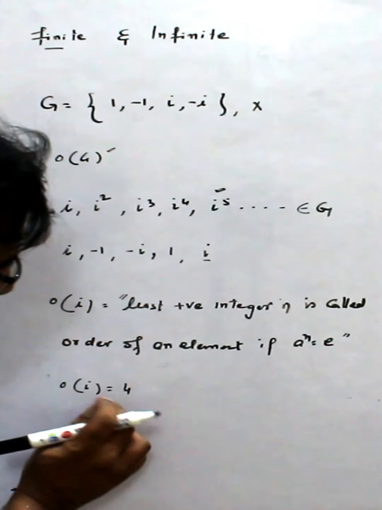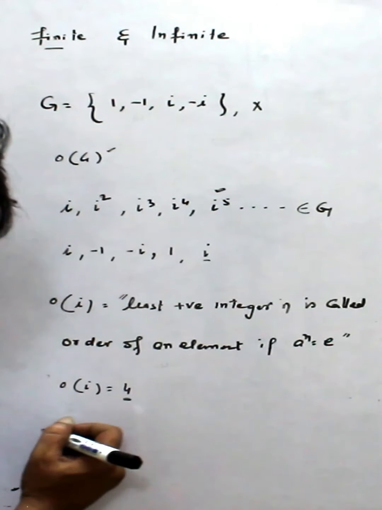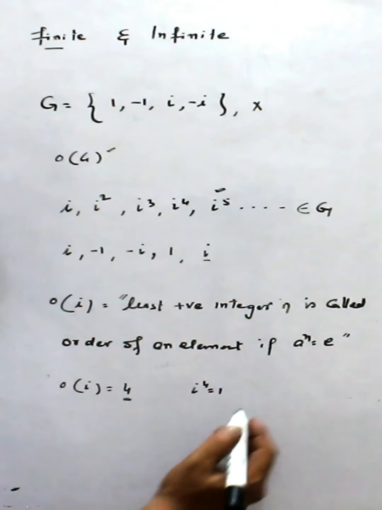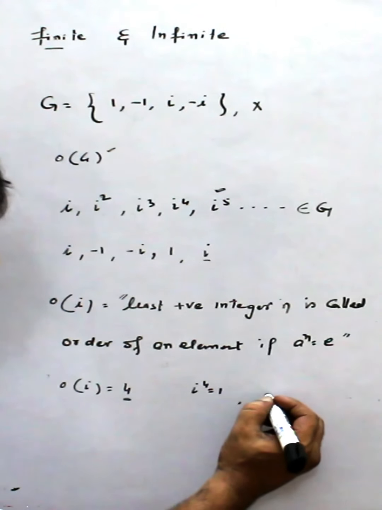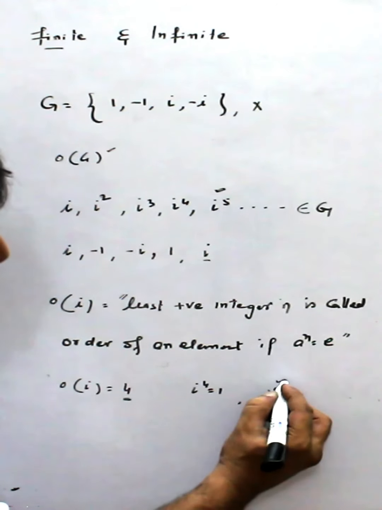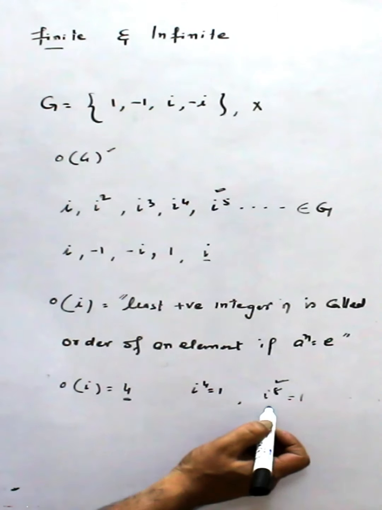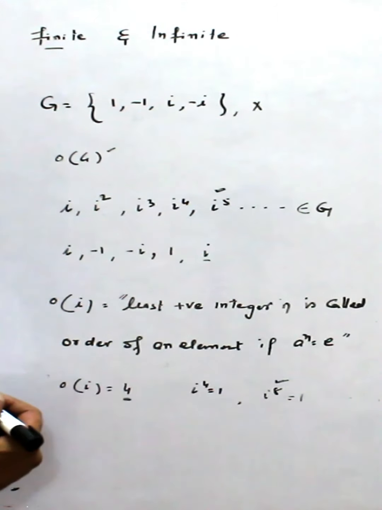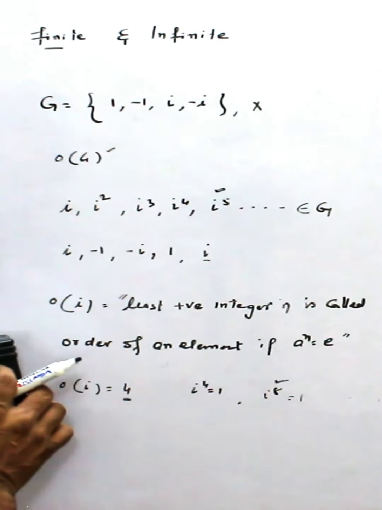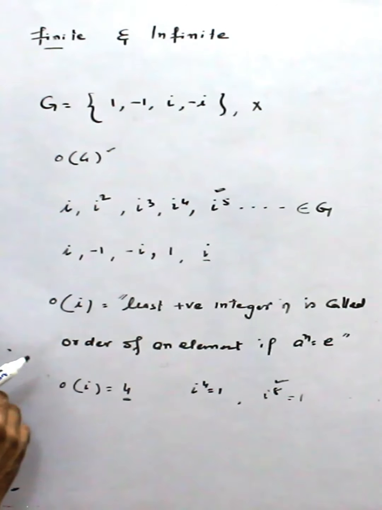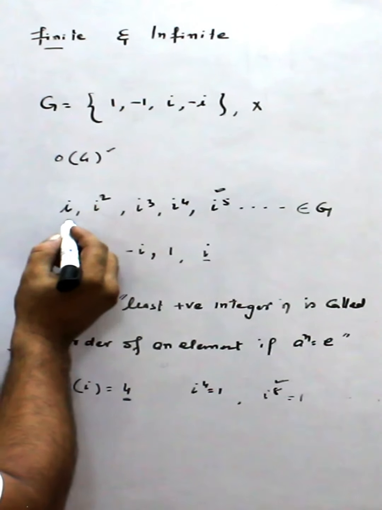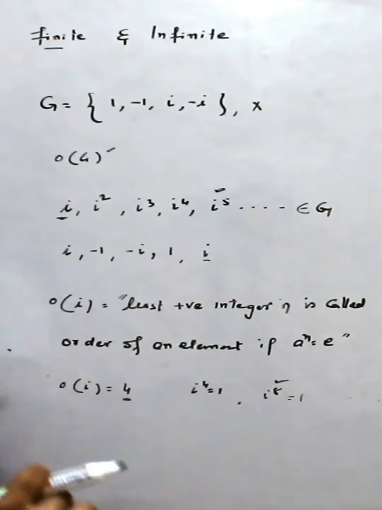So the least number is 4, where I4 becomes 1. Greater numbers are many, like I8 also makes 1, but that does not fit the definition. The definition is the least positive integer n, right? So what happened here is we notice that I generates all elements of G.